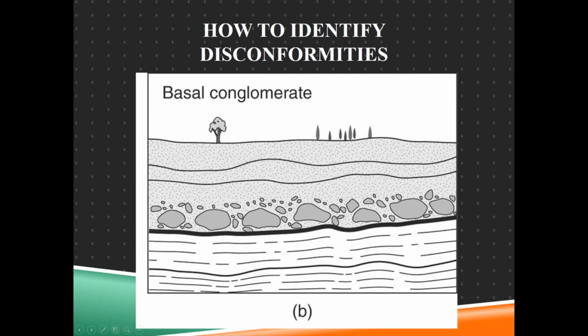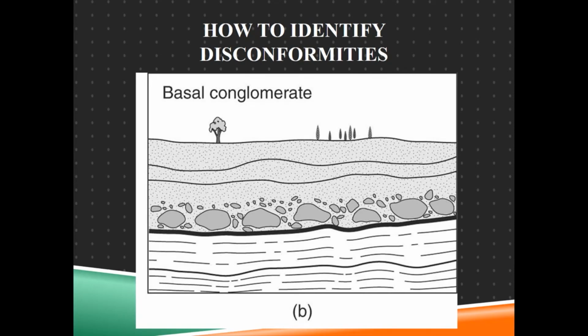Also, if there's a basal conglomerate, so you have crystalline rock or even a sedimentary rock, continuous, nice, regular looking rock, and then you get to a layer that has chunks, pebbles, boulders of the lower level material mixed with material from the upper level.